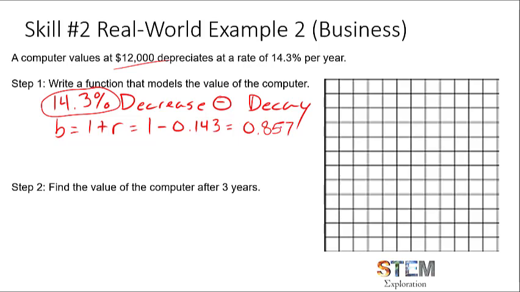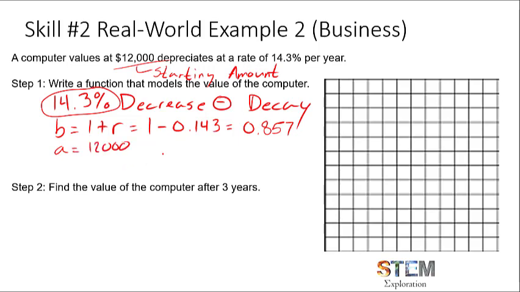And this would be the b value for your given situation. And in the previous example, we talked about A being a starting population or amount. Well, this is the starting amount of money that your computer's worth. So in this case, A is equal to $12,000.